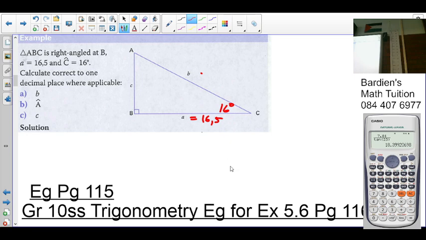Okay, so what do we have? We have the angle. What is this to the angle? The adjacent side. What is this to the angle? Hypotenuse. Can you see that? So which trigonometric function uses adjacent and hypotenuse? You all understand? If it was opposite and hypotenuse, what would we have used?